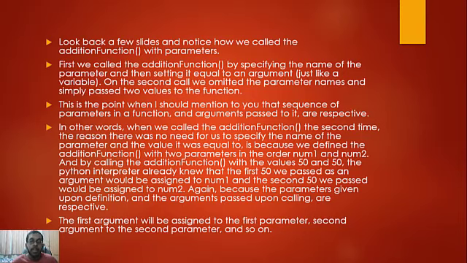And by calling the addition function with the values 50 and 50, the Python interpreter already knew that the first 50 we passed as an argument would be assigned to num1 and the second 50 we passed would be assigned to num2. Again, because the parameters given upon definition and the arguments passed upon calling are respective. The first argument will be assigned to the first parameter, second argument to the second parameter, and so on.